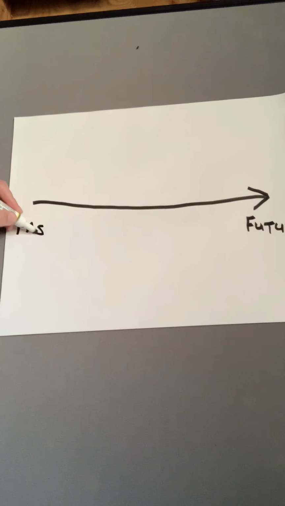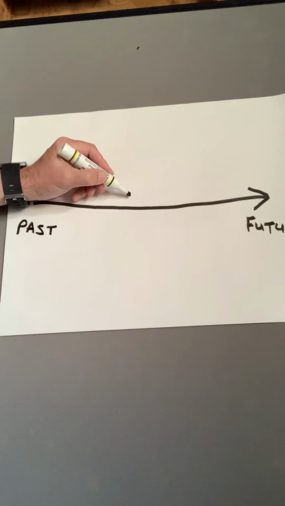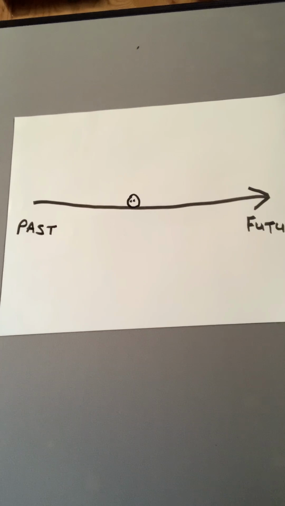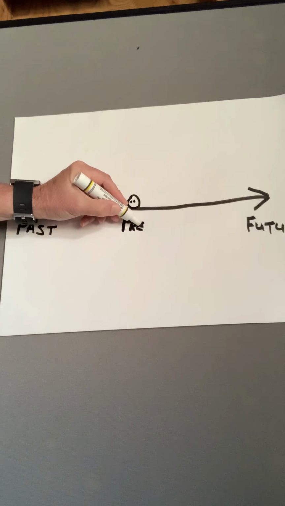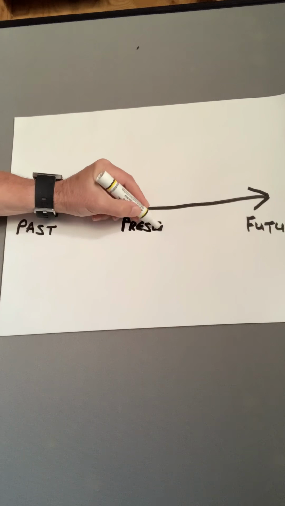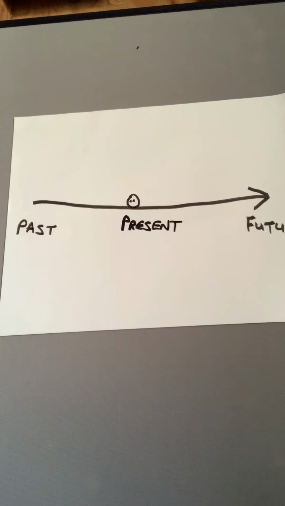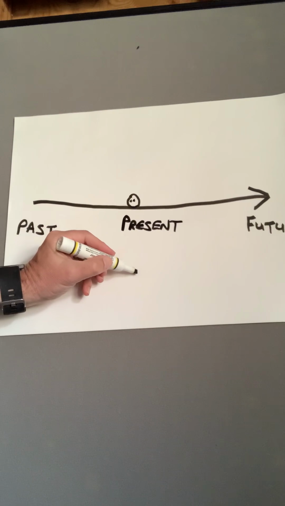And right at the beginning, I put the word past. Right in the middle here, I'm going to draw a little picture. It's got two dots on it, and you know what that is. That's the ball, and that's the present.